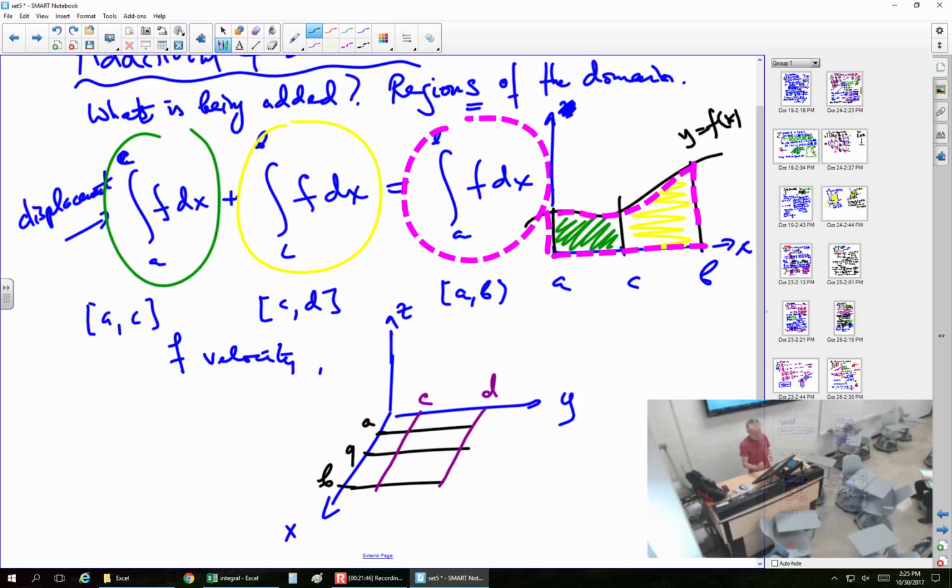Okay, so that's what we're talking about. Let me mark the 2 domains. So the domains there, I don't want to confuse. Our domain is this.